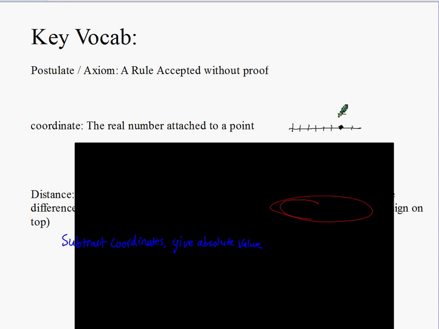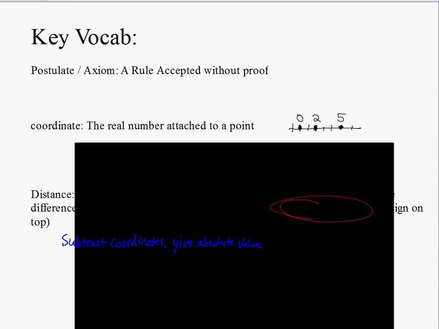If I said that this was 5, and this dot right here would be 2, and let's make this 0. So if I have a dot and there's a number attached to it, these are your coordinates. This point has coordinate 5, this has coordinate 2, this one has coordinate 0.